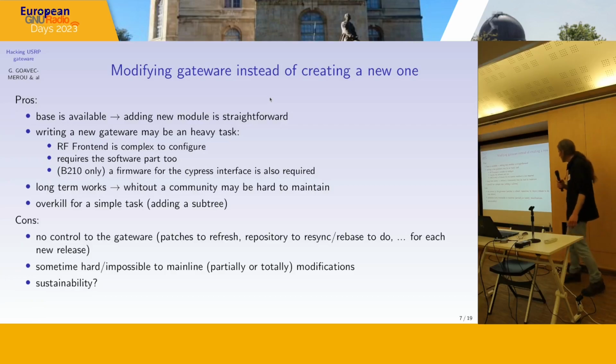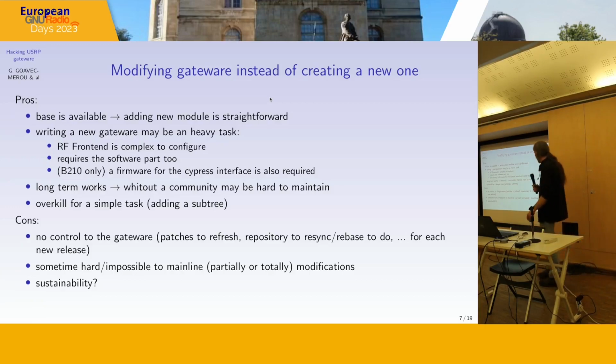So it's a bit boring, and again, sometimes it's a long-term task. And maybe one day you have your set of patches, you have the new version, and you have to redo everything because everything is broken between these two.